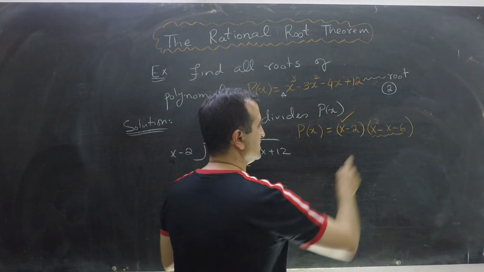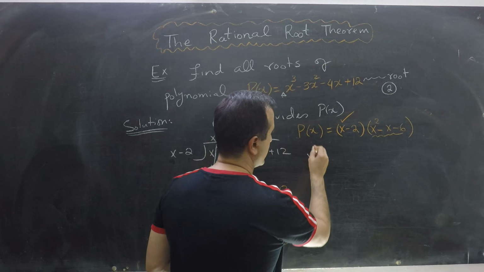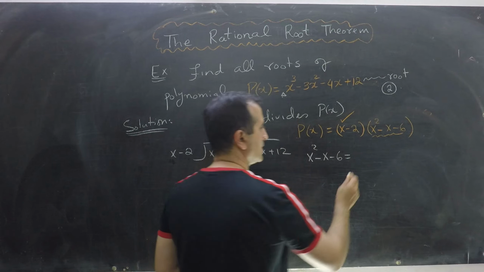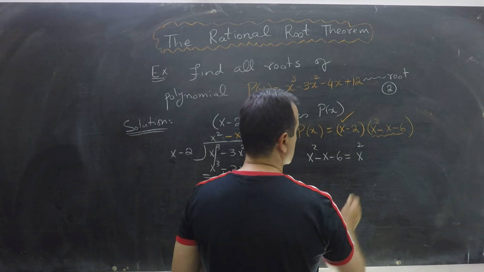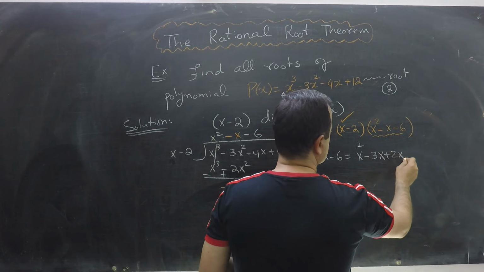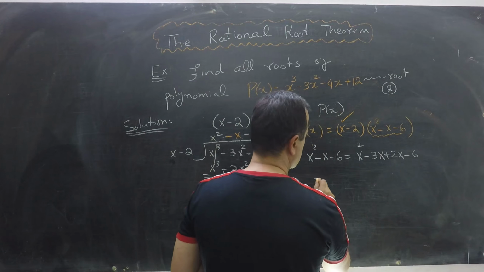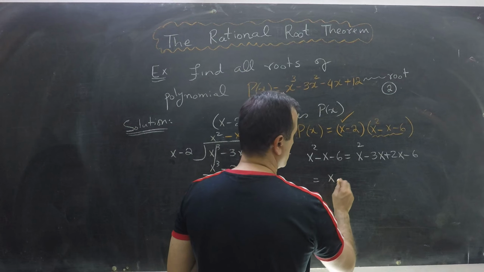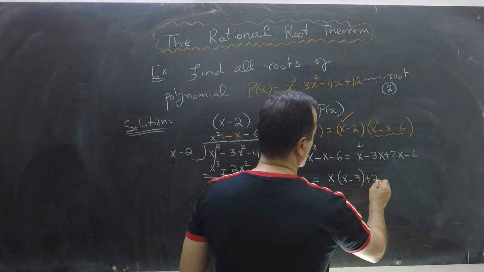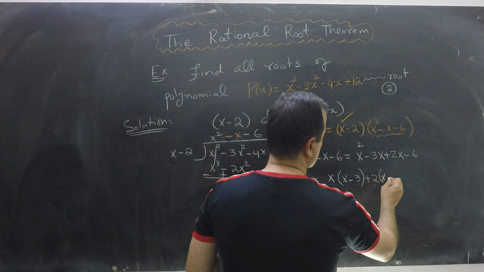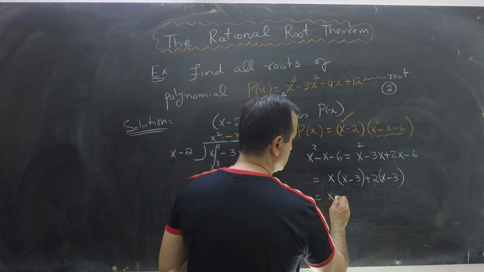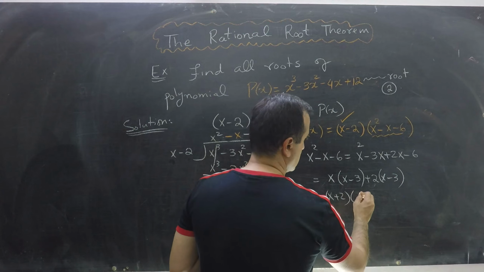So now let's factorize this quotient polynomial. x^2 - x - 6 is equal to x^2 - 3x + 2x - 6, and that is equal to, I take x common, I will get here x - 3, I take plus 2 common, I will get x - 3. So my other two factors are x + 2 and x - 3.